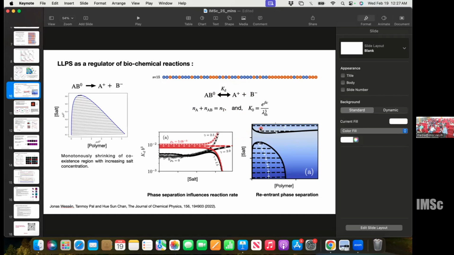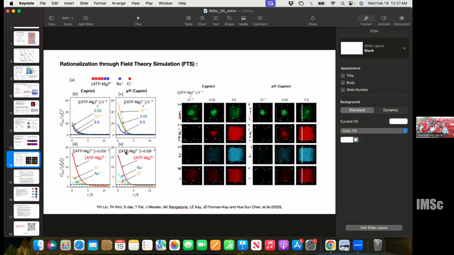And can you tell me how you get this phase separation at intermediate ATP, but not at high and low? What was your explanation there? The Caprin1 one. Okay, the explanation here is that Caprin1 basically behaves as a polyelectrolyte.